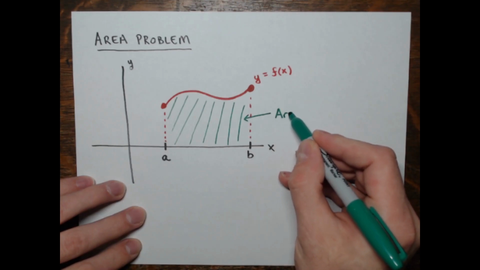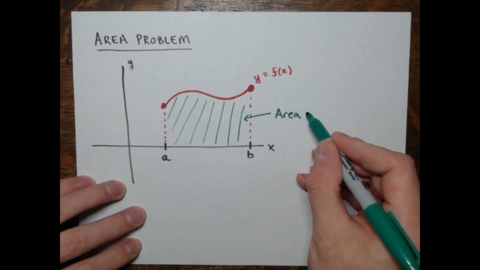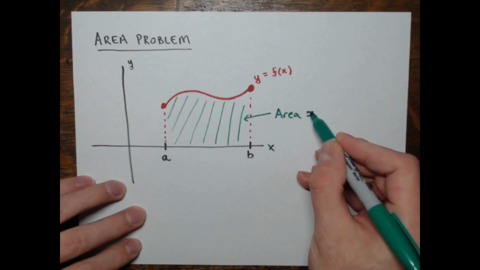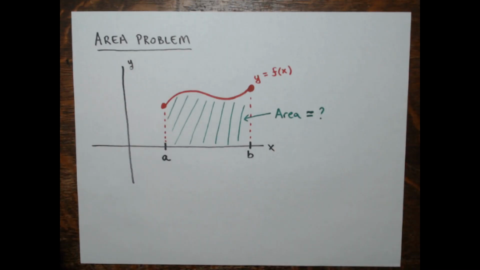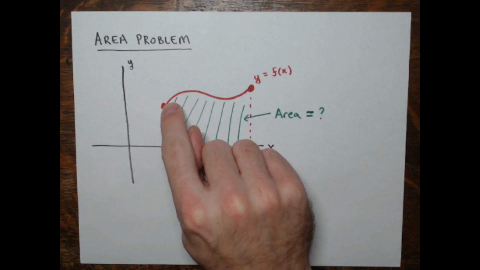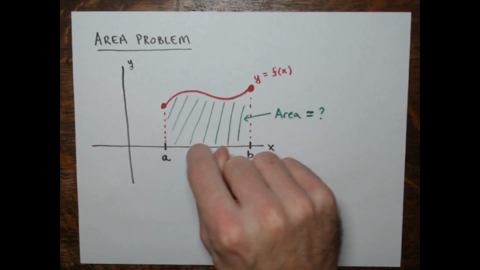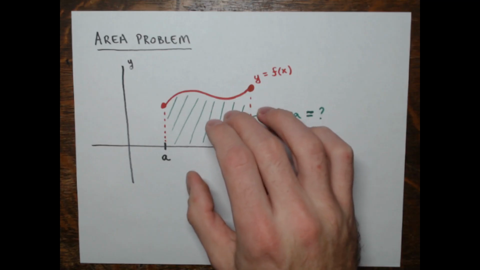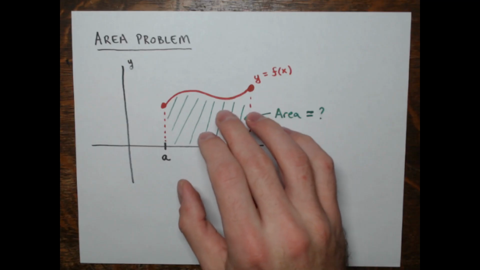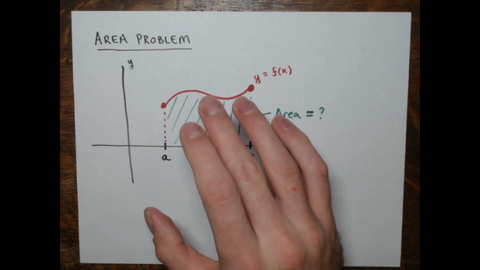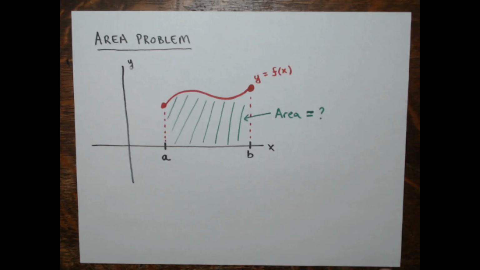So the area, how many square units does this space take up? So this shape that I'm trying to find the area of in this picture, right, it's not a nice shape. It's not a rectangle, it's not a triangle, a circle, right? Things you would know the area of.